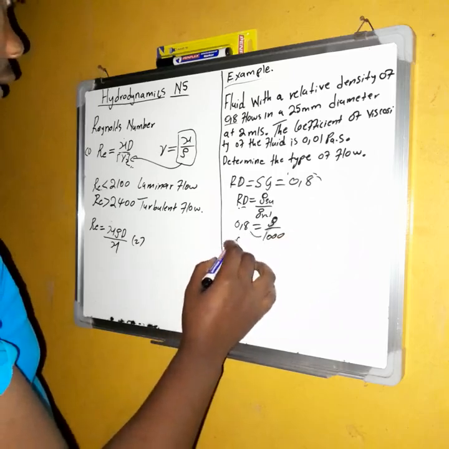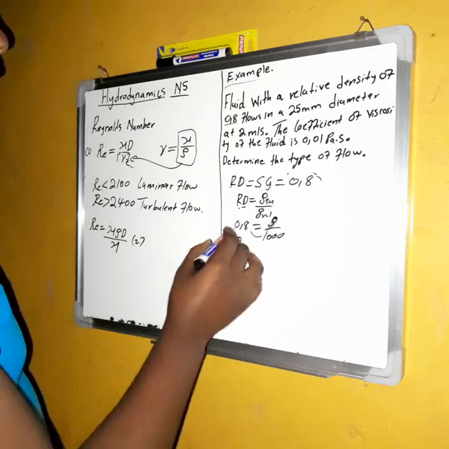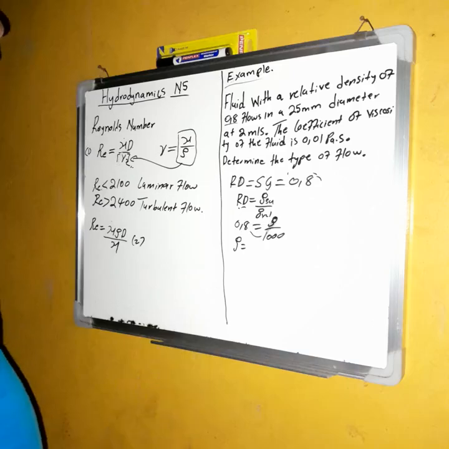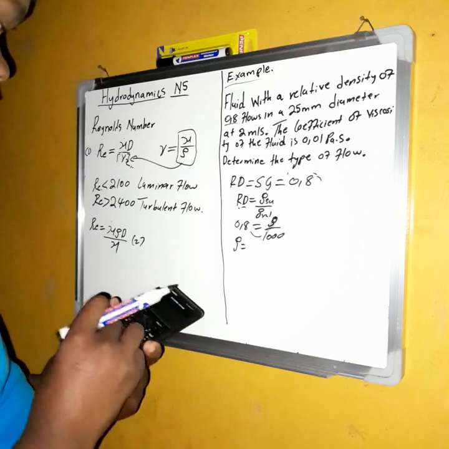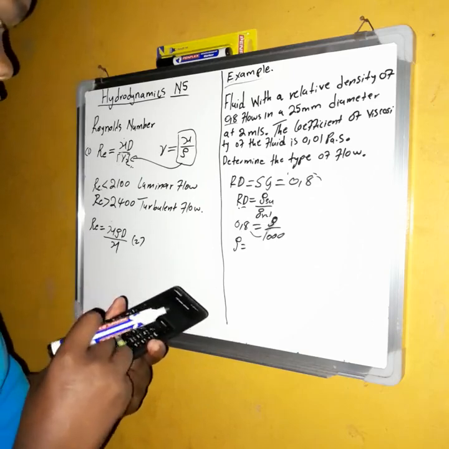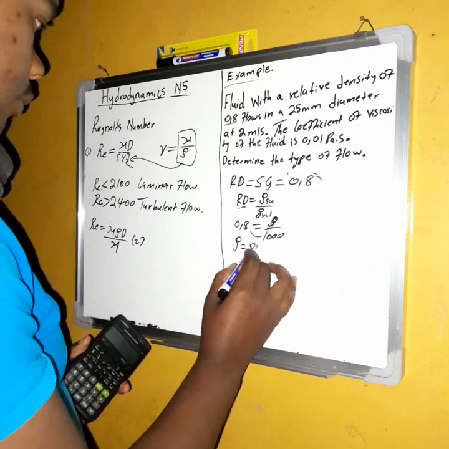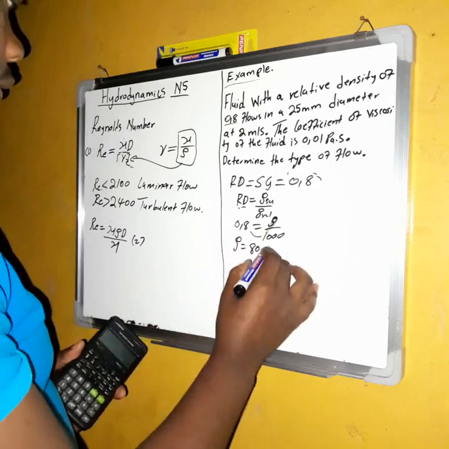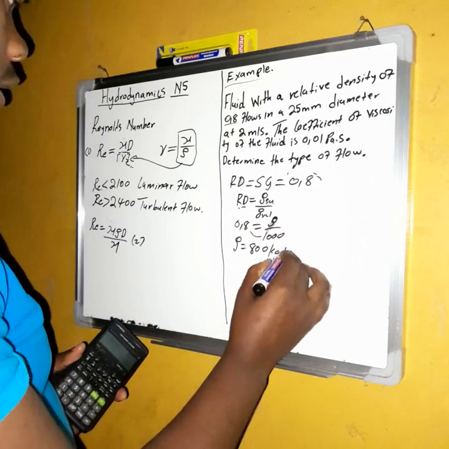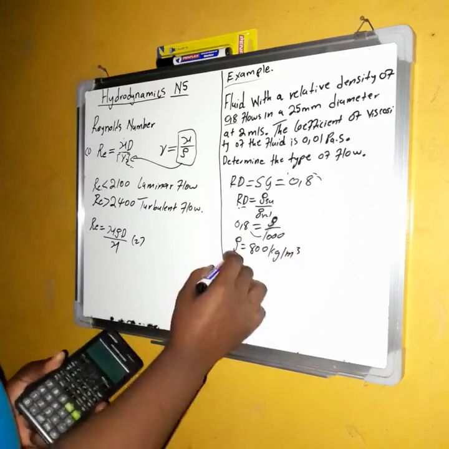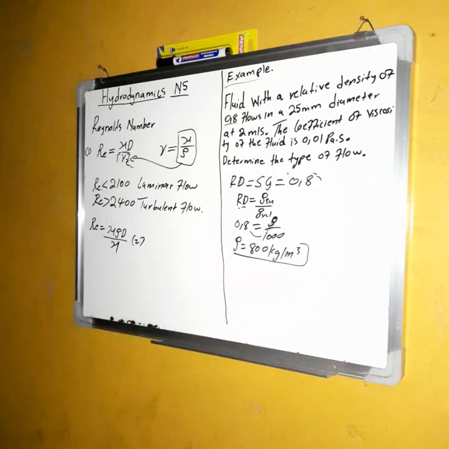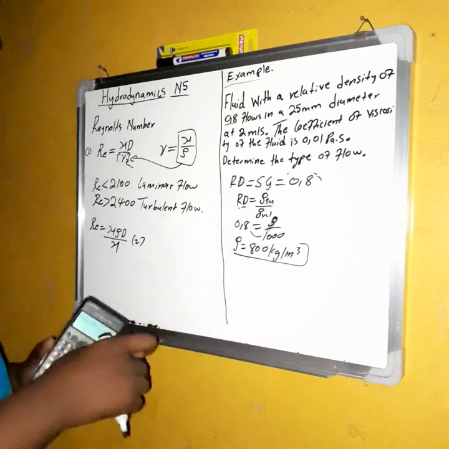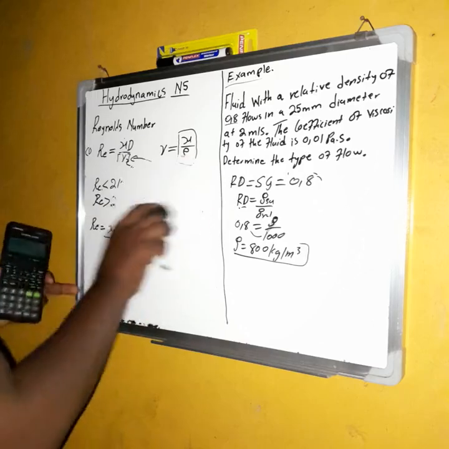You multiply that side and you'll get the density. 0,8 multiplied by 1000 gives 800 kg per cubic metre. That is the density here.